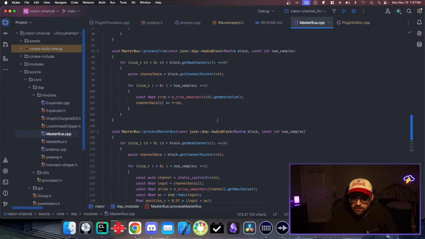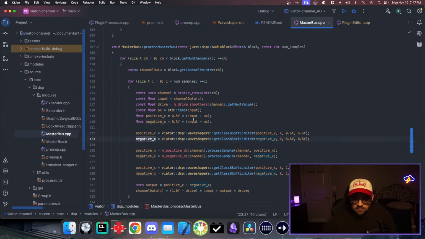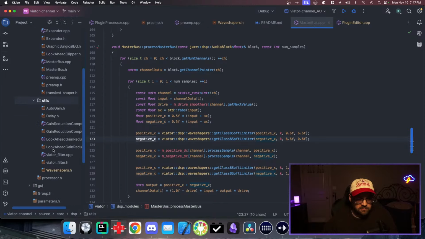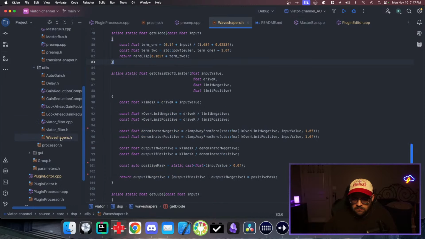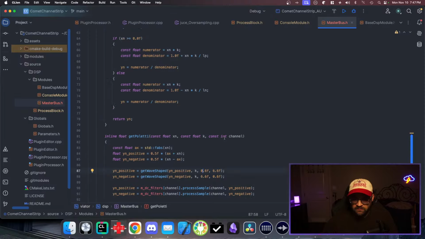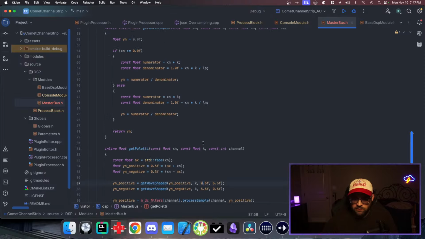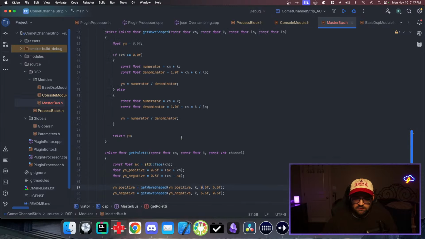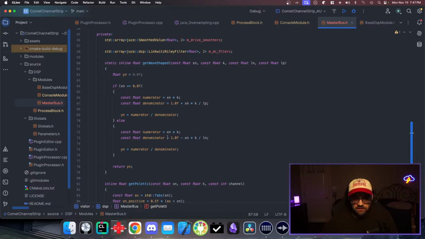Now in this one that I implemented earlier, let me go here real quick. This is it right here. LN, LP. LN, LP. Okay, so that's not reversed. Maybe I messed up the wave shaper.